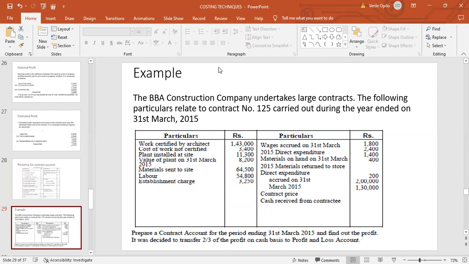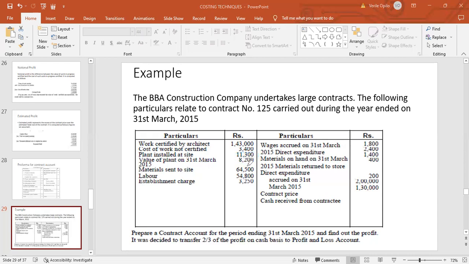The cost of work not certified is 3,400. The plant installed at site was valued at 11,300, and the value of the plant at the closing date, the 31st of March, was 8,200.